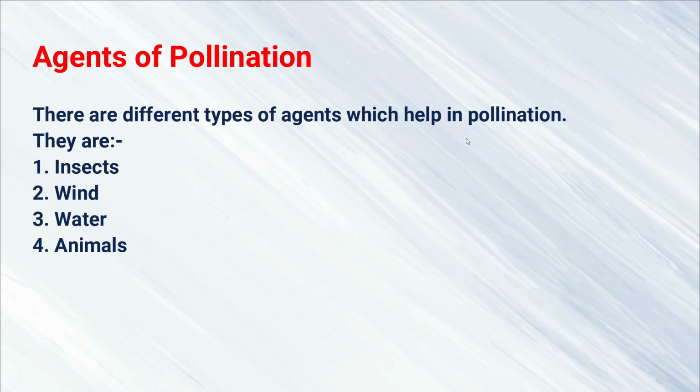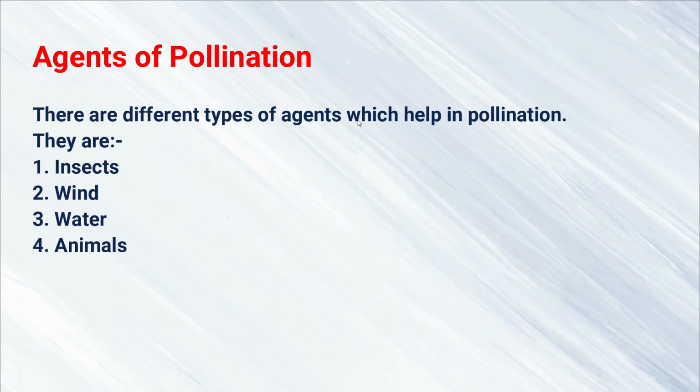How are insects the agents of pollination? See, the bright colored flower attracts the insects. We all know the flowers are attractive. So the bright colored flower attracts the insects which tend to sit on these flowers.